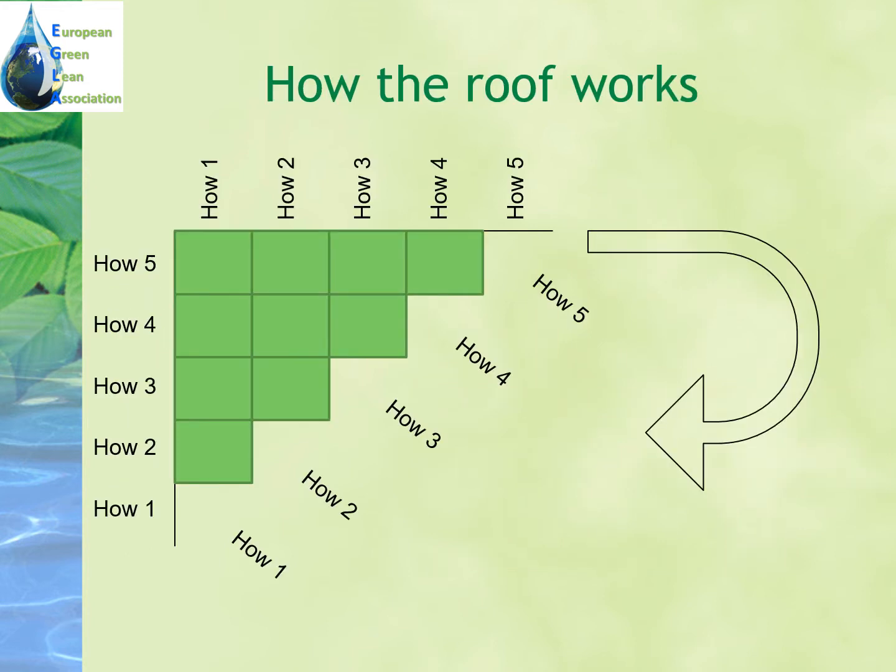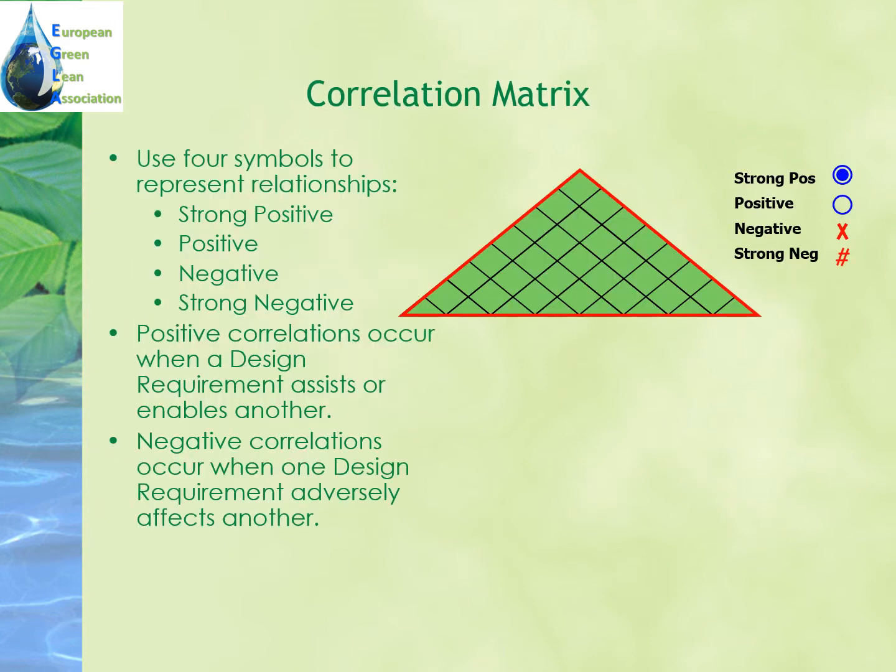We look at each point from 3 different angles. We look at the different rows compared to each other. This shows it better. We actually have 4 symbols. Strong positive, which means that this planned requirement is strongly supporting some other planned requirement.